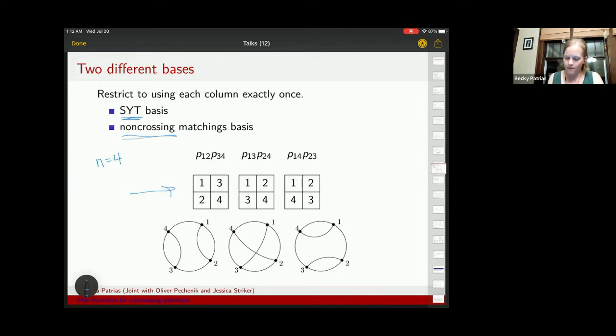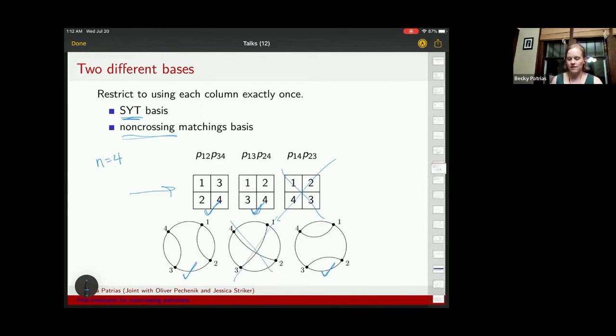If I want to think about the basis, I'm looking for the standard Young tableaux. So I see that the first is in my basis, the second one is in my basis, and the third one is not. And then on the third line, I have the matchings. I can see the first element is a basis element because it's non-crossing. The second one is not, and the third one is.